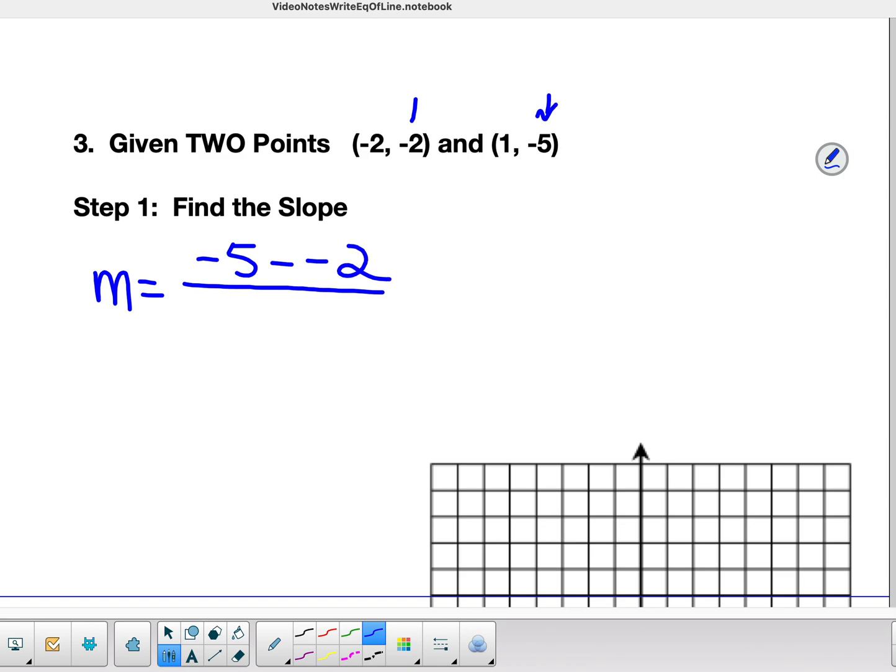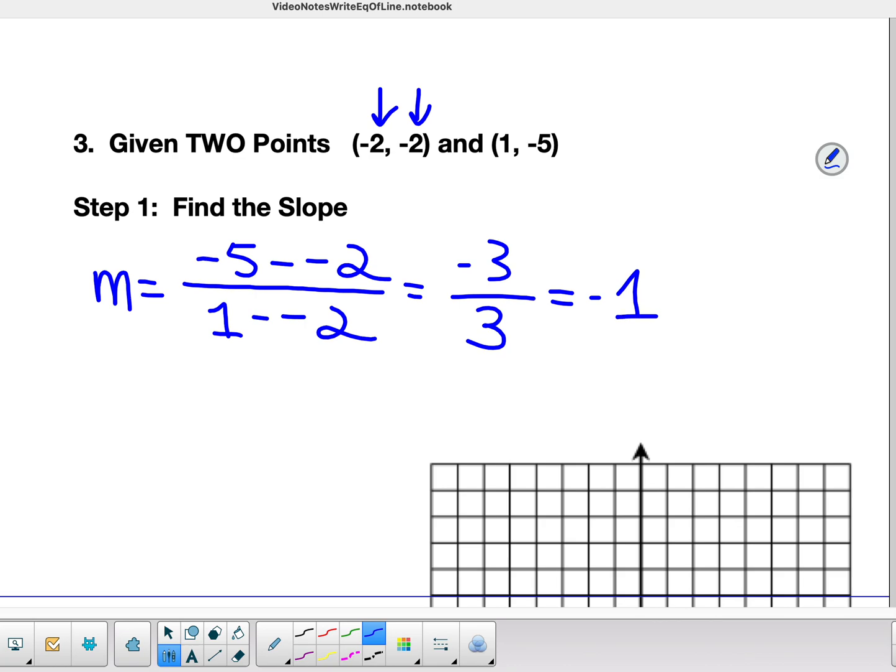Since I started with -5, I start with its x partner in the denominator. 1 minus -2. There's a negative sign built into the slope formula, and my input values are both negative, so that means I have double negatives here. -5 plus 2 is -3, and 1 minus -2 is really just 3, so my slope is -1.